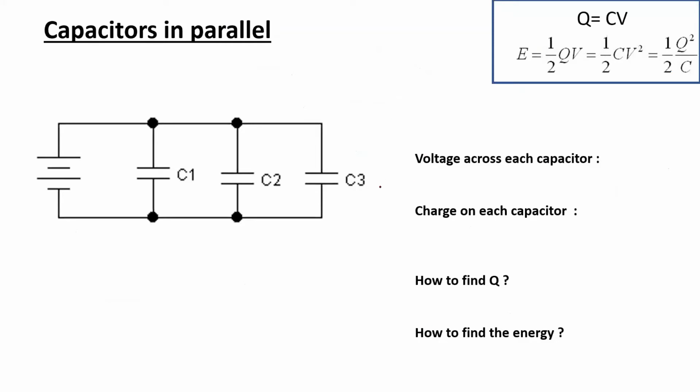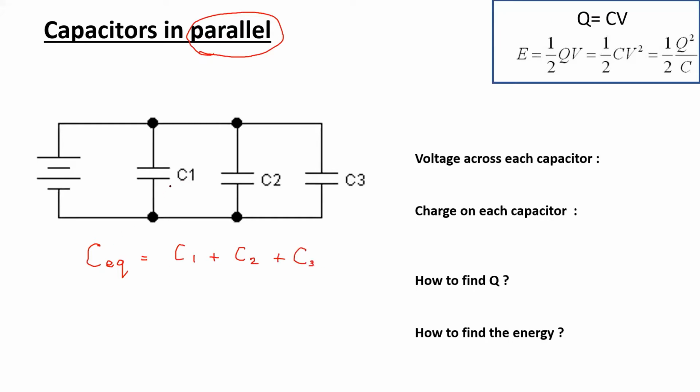And let's see what is happening. Here our capacitors are connected in parallel to each other, right? When they are parallel, the equivalent capacitance is given by just the addition of each of them. So you just add them.